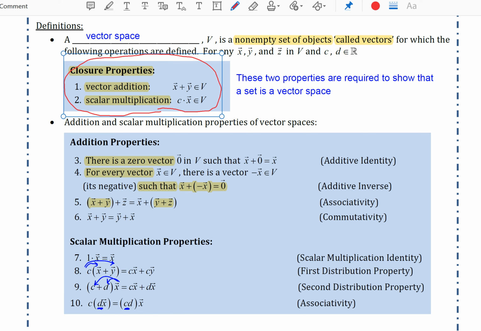However, I will frequently ask, because I think it's easy to do so, is there a 0 vector in your set? Because if not, then it's easy to say that a set is not going to be a vector space. Similarly, I may sometimes ask, is there an opposite of a vector, a negative of a vector? Because if not, then that would be a nice way to conclude that a set is not a vector space.